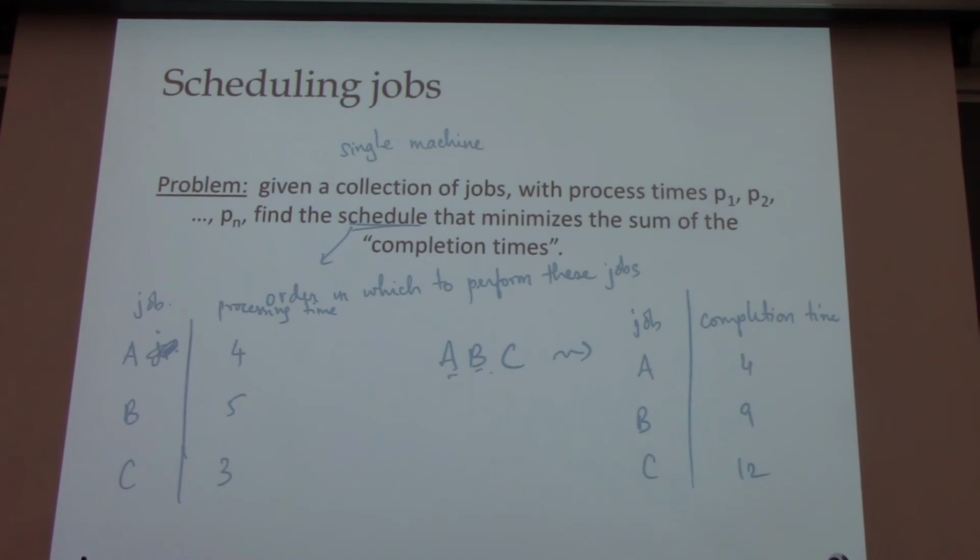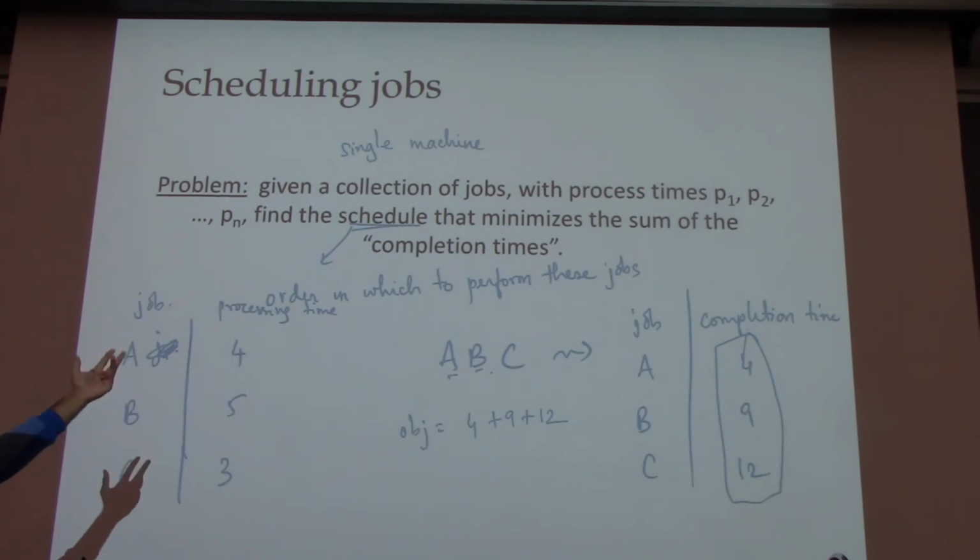I just wanted to run a simple example to see what the objective is. The objective value in our case is the sum of these completion times. Now our goal is to schedule these jobs in such a way that you minimize the completion time.